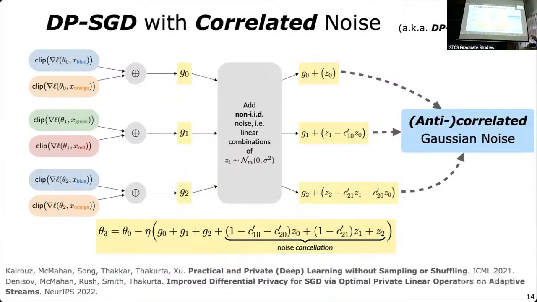In the next iteration, we sample fresh noise Z1 and then subtract out a component of the noise Z0 that we previously sampled. And in the same way in the next iteration, we sample fresh noise and subtract out parts of the old noise. The basic reason why we would hope this helps learning is because this prevents this noise from accumulating. But we have to make sure that we can still guarantee privacy, which I'll come to later.